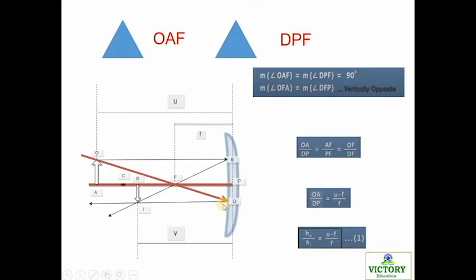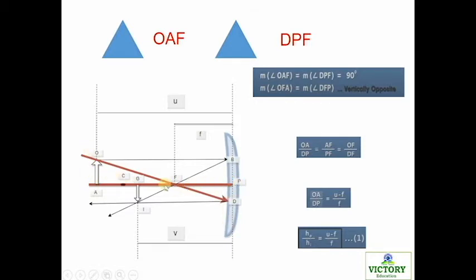Now I'm going to take two triangles for easy reference: triangle OAF and triangle DPF. I'm just considering these two triangles which I highlighted on the screen. One thing I can say very easily is that OA is a straight line and AP is a straight line. Similarly, PD is a straight line and FP is a straight line.